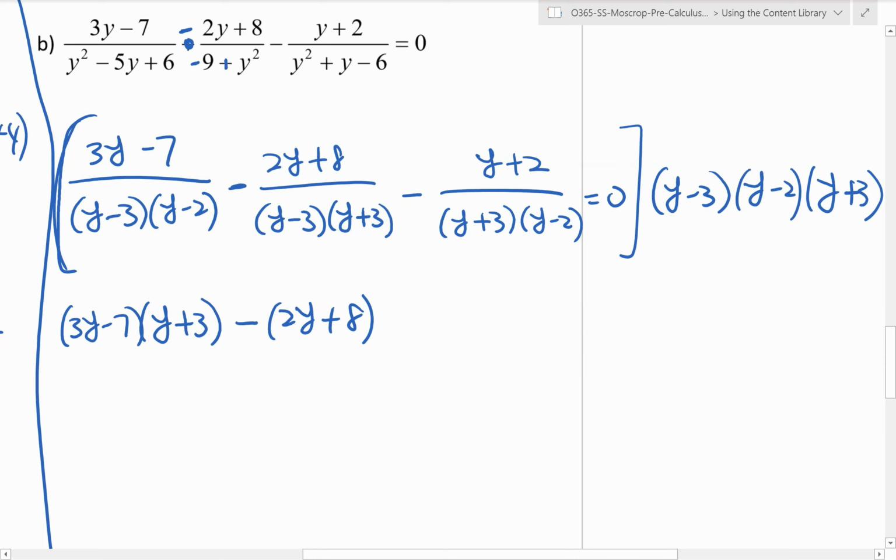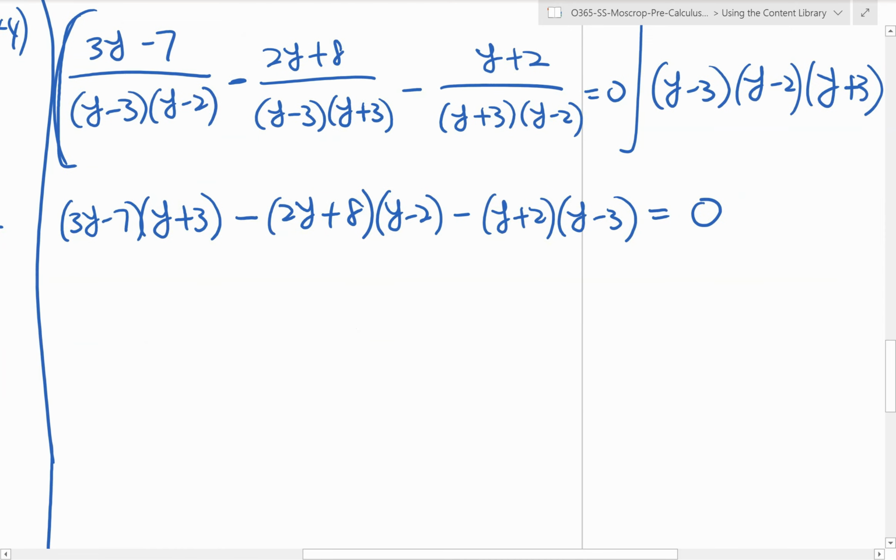So 2y plus 8 needs to be multiplied by y minus 2. For the last fraction right here, you have y plus 3 and y minus 2. So these two will cancel out. Therefore, you would still need to multiply y plus 2 with y minus 3. 0 multiplied by anything is 0, so that one is easy. We'll just make it equal to 0.